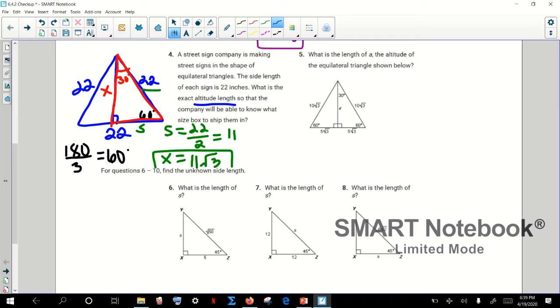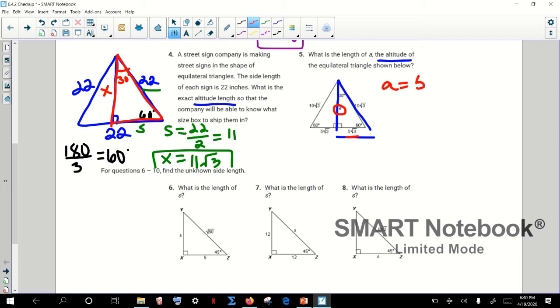Number 5, again, we're dealing with an altitude. So what is the length of this altitude right here in the equilateral triangle? Let's just look at the triangle on the right. It looks like 5 square root of 3 is the short side of this triangle, and A is the long side. So to find A, I'm going from the short side to the long side.